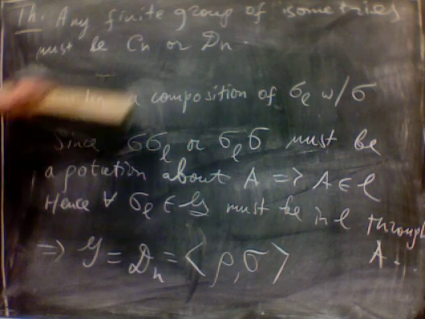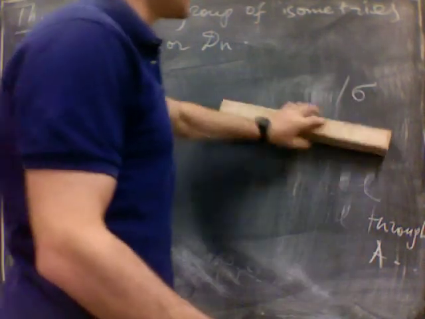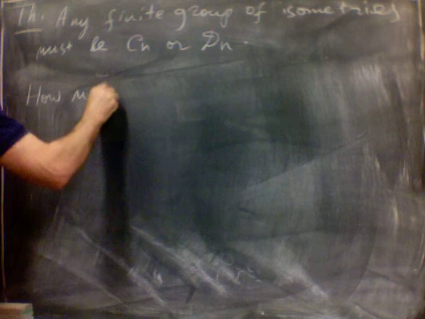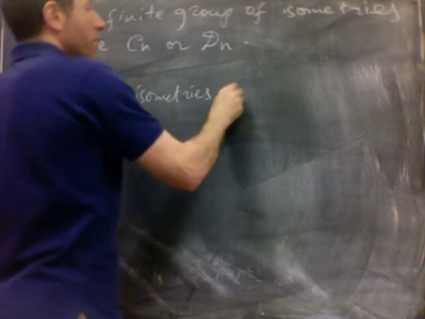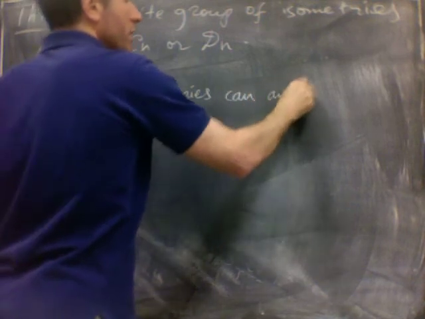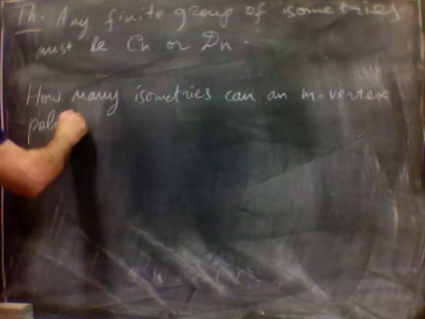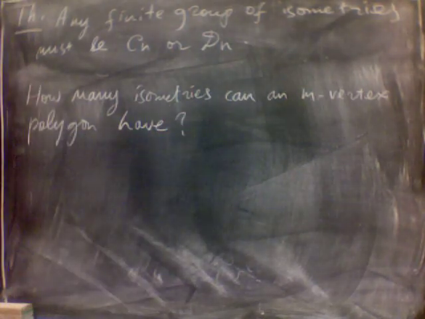In fact, let's consider a polygon with m vertices. So the question is, how many isometries can an m vertex polygon have? Any polygon.